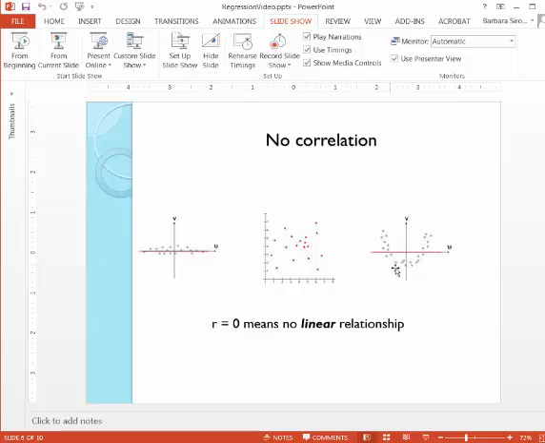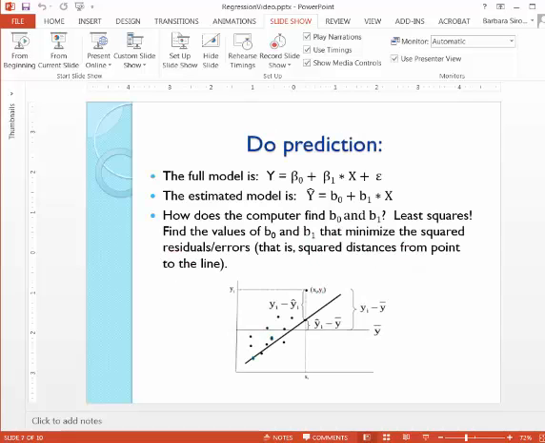Or here we have a very good pattern, a smiley face pattern, but it's not linear, so r will be 0. So that's the first step in our procedure, seeing if there is a good strong correlation, and that means we want it as close to 1 or -1 as we can get it. r equals 0 is not so good for prediction.